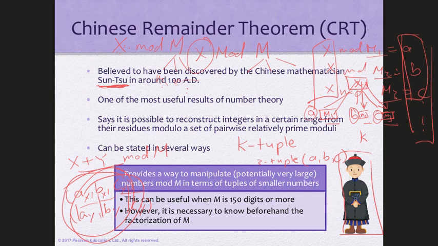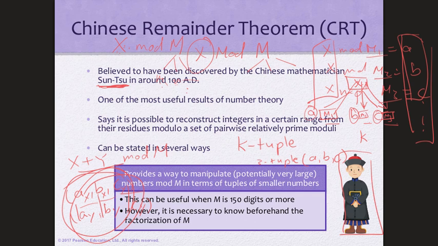And if I want to multiply, I can multiply the components. I want to subtract, I can subtract the components, right? So rather than working with the original big number, I can work with much smaller numbers, which are the components of those in the spaces of the relatively prime numbers.